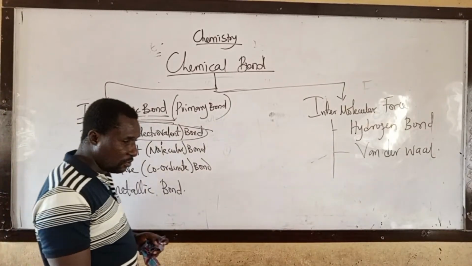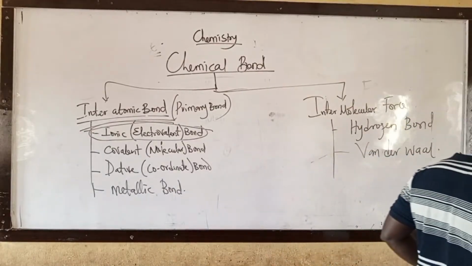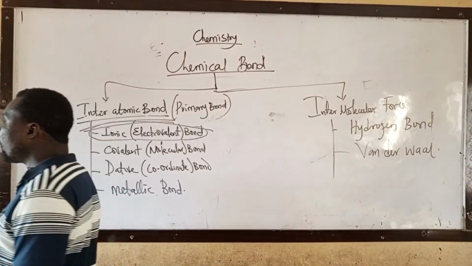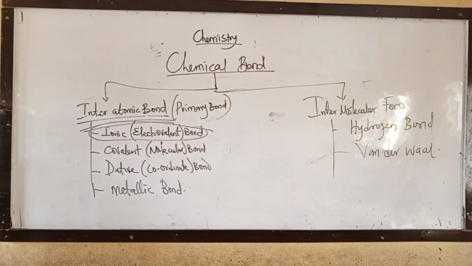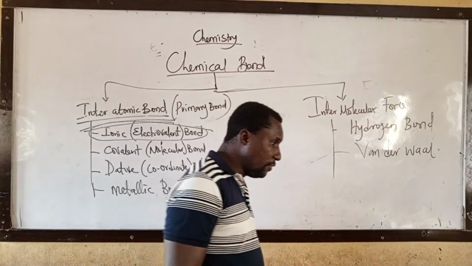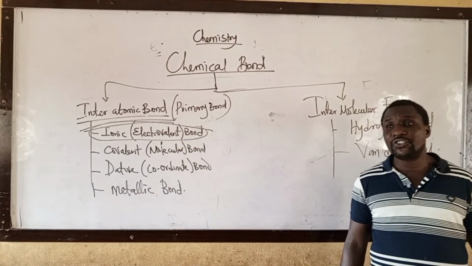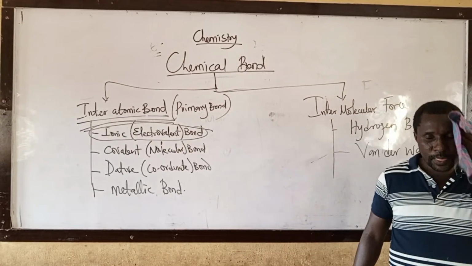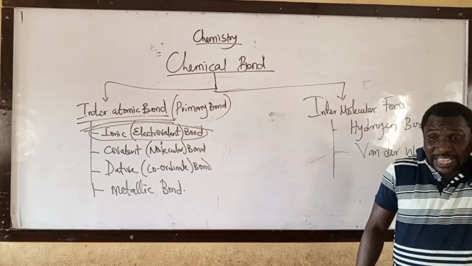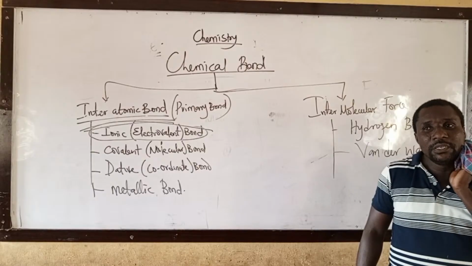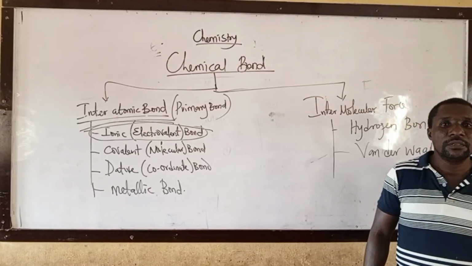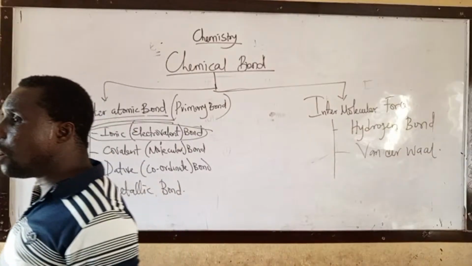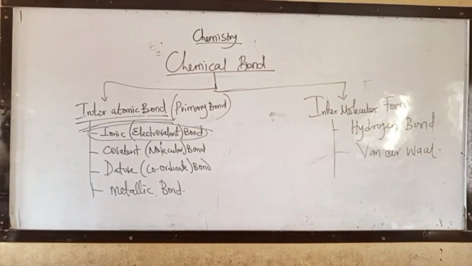Take the first one, ionic bond. This involves transfer of electrons between atoms.